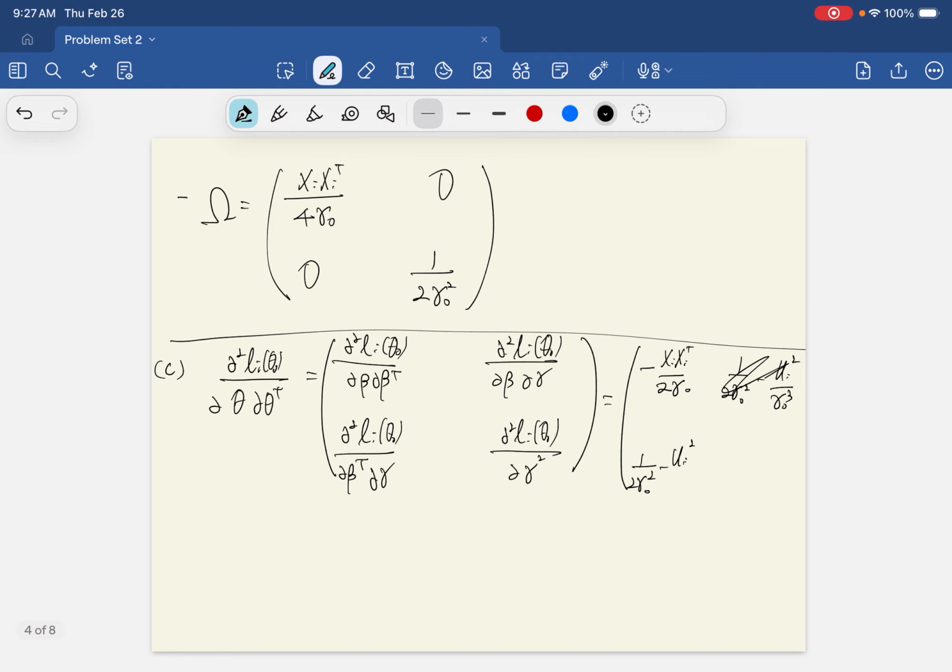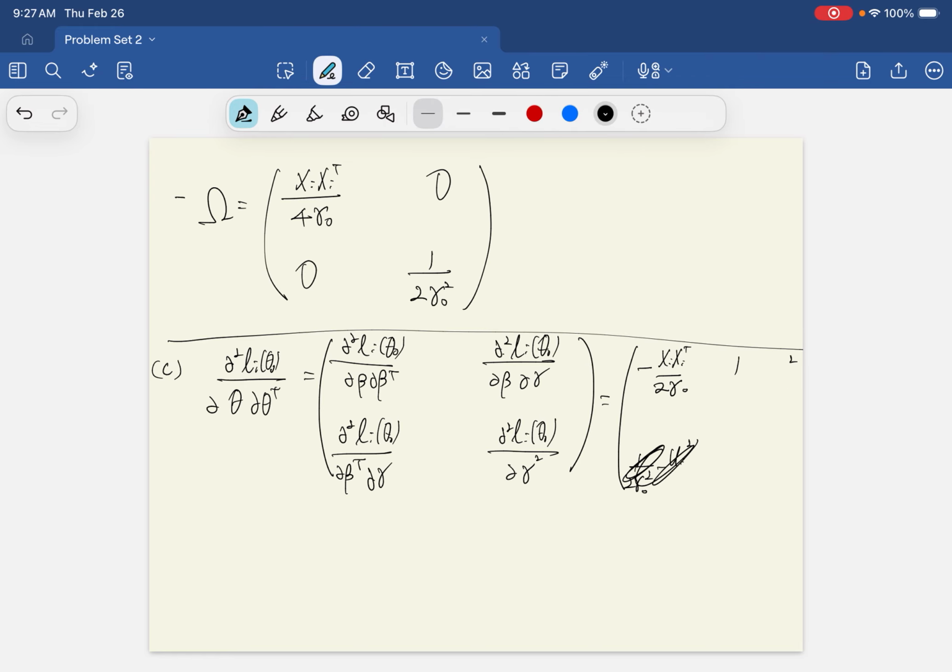Sorry about that, this is the gamma term, it's not the cross product. So that goes to here, squared over gamma to 3. And the cross product is here: xi ui minus xi ui over 2 gamma 0 squared, and here minus x prime x transpose ui over 2 gamma 0 squared.